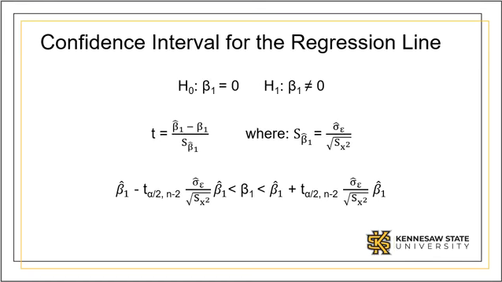We then arrive at a confidence interval for the slope that is based on the estimate of the slope, our standard error, and the critical t-statistic. The critical t-statistic is based on the alpha, otherwise known as 1 minus the confidence level, and the degrees of freedom, n-2.